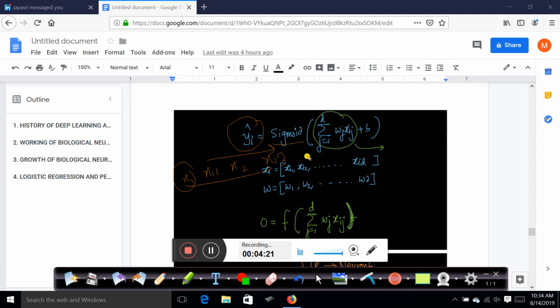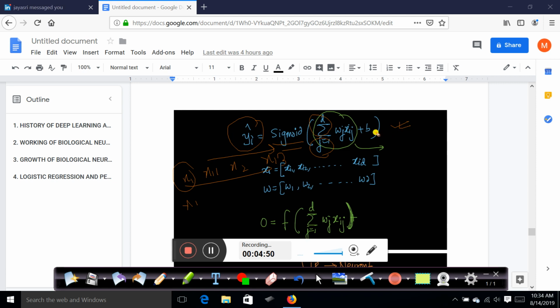Here xij has j going from 1 to d. Since xi is d-dimensional, our yi hat will be equal to the sigmoid function of the summation of j equals 1 to d of wj xij plus b.